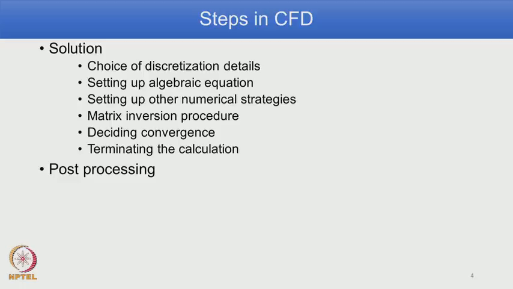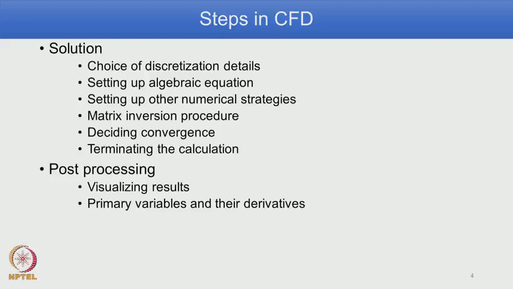Once we obtain the solution, then what are we looking for? It is post processing. You can visualize the results, you can visualize or plot only the primary variables. If you are solving for velocity, u, v, w are the primary variables.